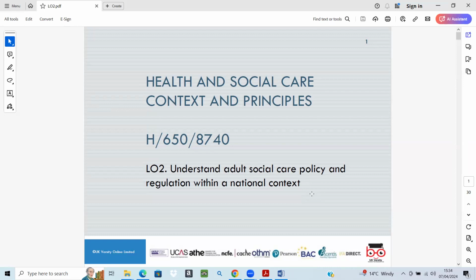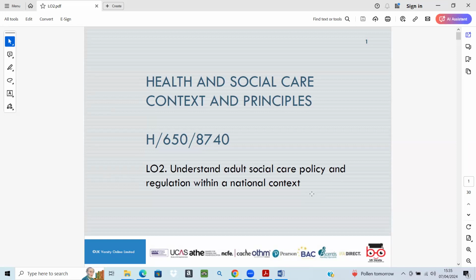Why are regulation and oversight important in adult social care? Regulation ensures that care services meet quality and safety standards, protecting individuals from harm and ensuring they receive appropriate care. And what role do local authorities play?